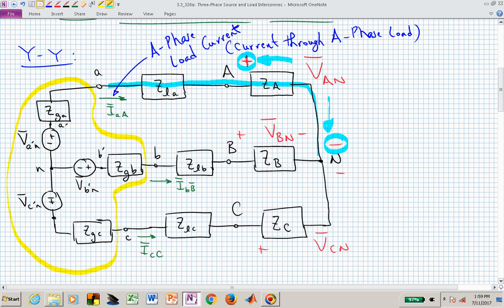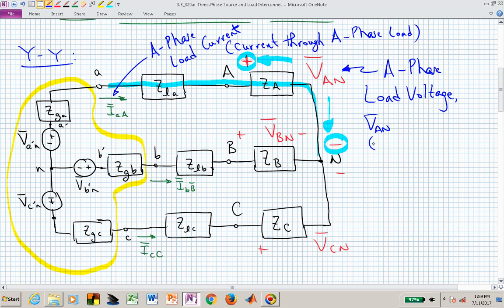And since it's the voltage across the A phase load impedance, this is the A phase load voltage, and that's V sub AN.